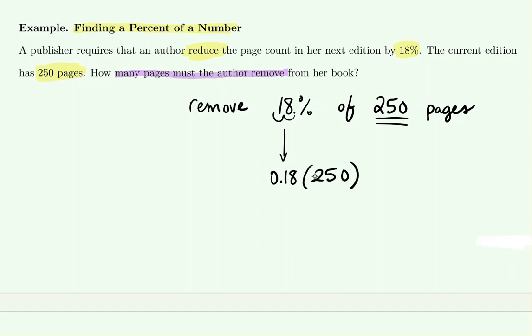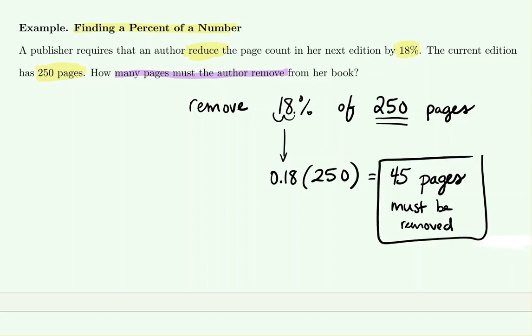So 0.18, remember when numbers are written next to each other, that's implied multiplication, of 250 in our calculator is exactly 45 pages must be removed. And that would be our answer.